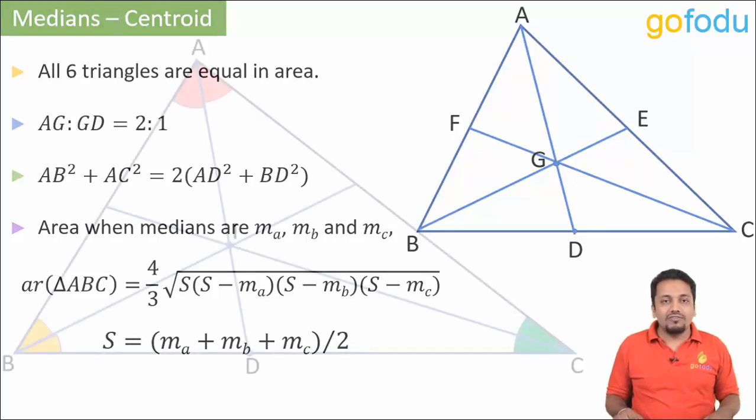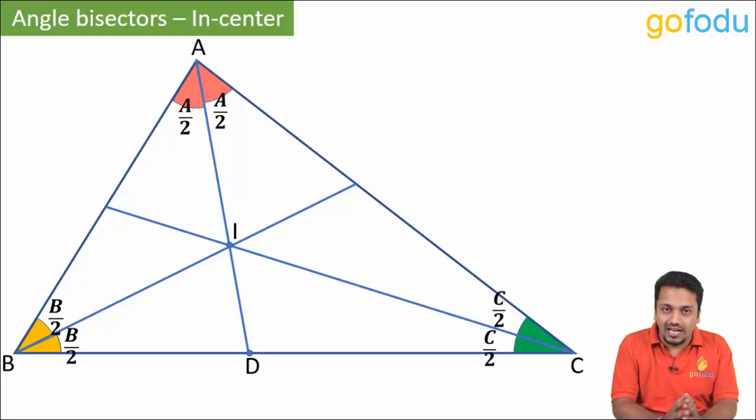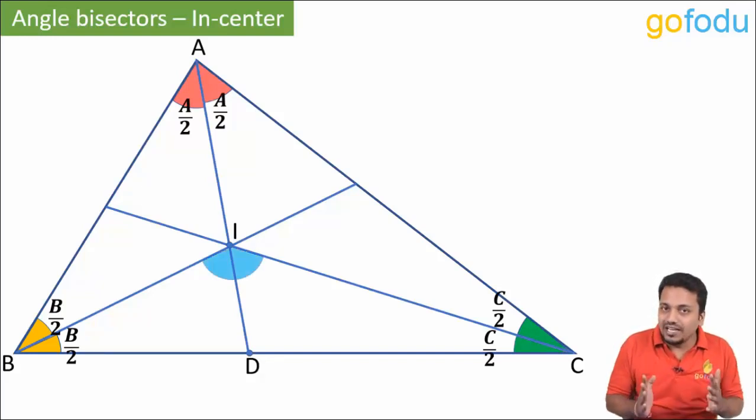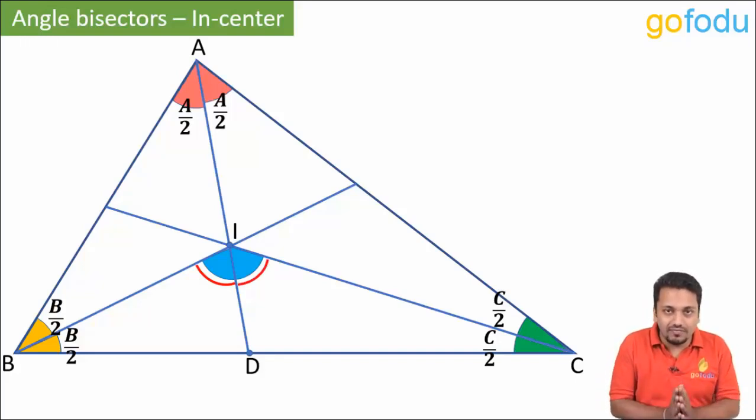Next, we have angle bisector related properties. All these same colored angles are equal, right? As the lines are angle bisectors. Look at this angle BIC. It is the sum of angle BID plus angle CID. Now we'll take BID and CID one by one.